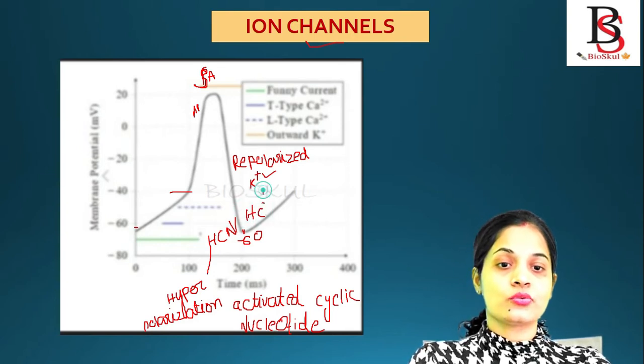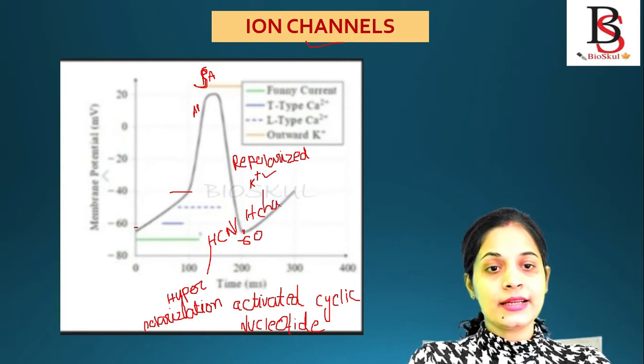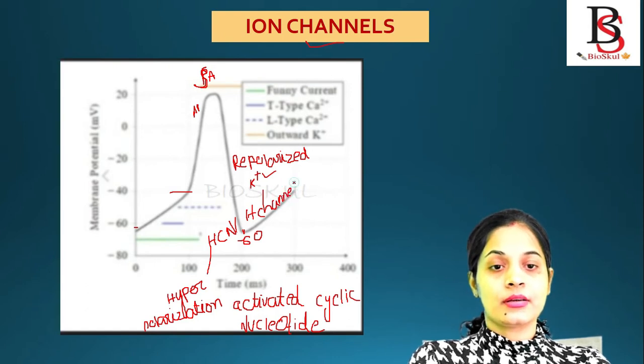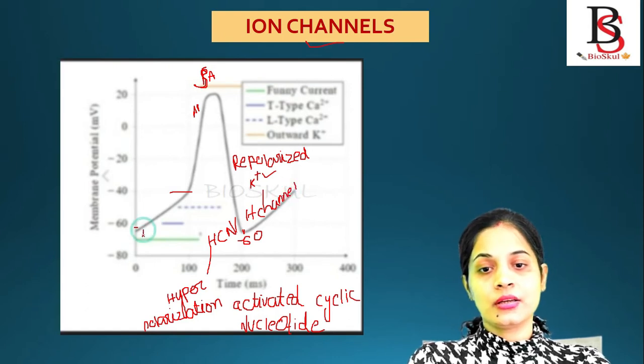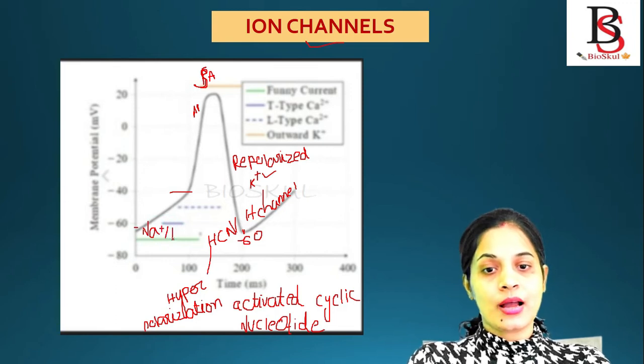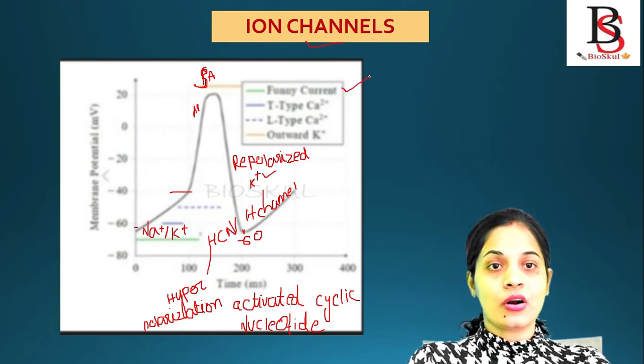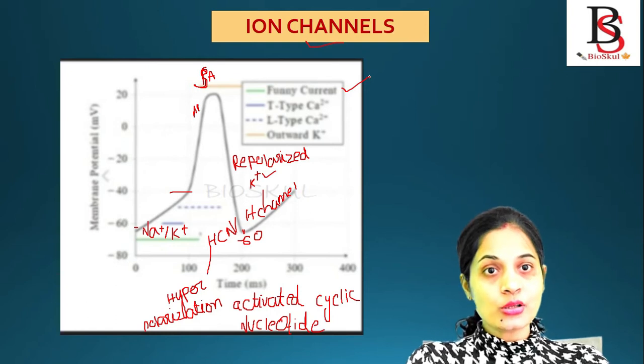This H channel causes the flow of sodium ion initially. Not only the sodium ion, but also the potassium ion too. It causes the mixed flow of sodium and potassium ion. That's why it is called the funny current also.